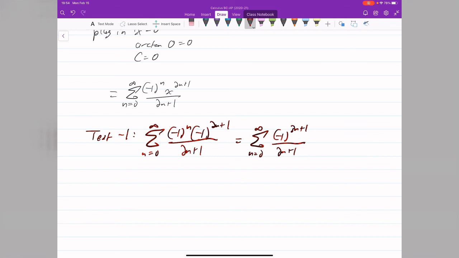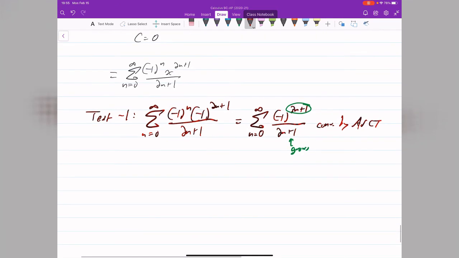And because the denominator is growing, what we can say very safely is that this converges by the alternating series convergence test. You want to be very careful and clear that it is alternating. So again, as you plug in values, this alternates positive, negative, and this grows. Remember the nth term test is part of the alternating series convergence test.